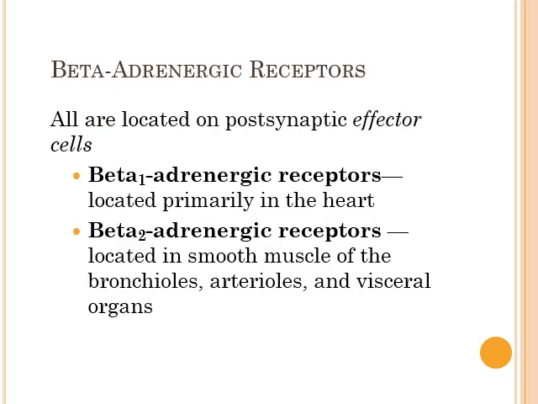Then you have betas, beta-adrenergic receptors. They are all located on postsynaptic effector cells. You have beta-1 adrenergic receptors located primarily in the heart, and beta-2 adrenergic receptors located in smooth muscle of the bronchioles, arterioles, and the visceral organs.